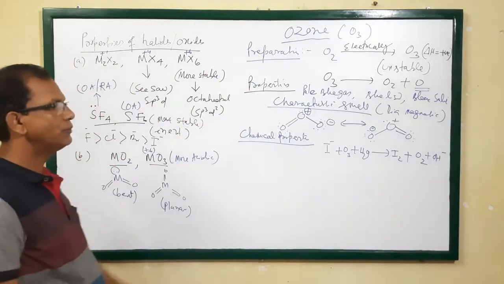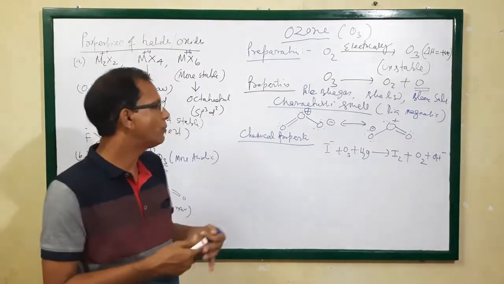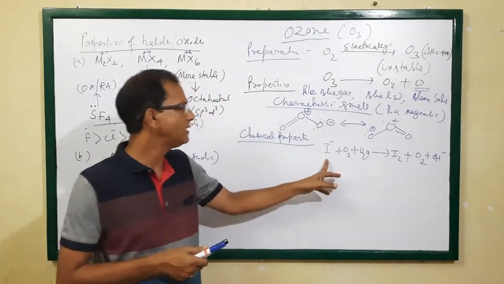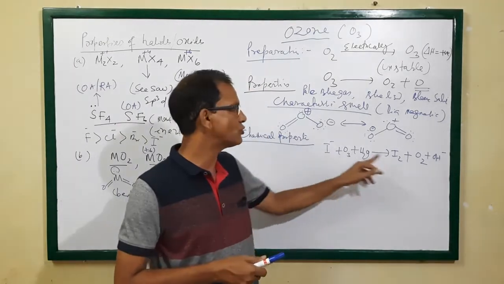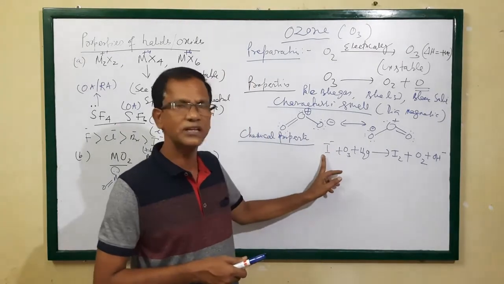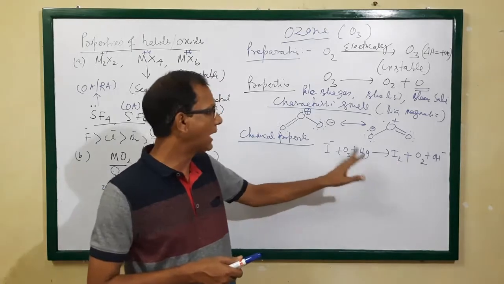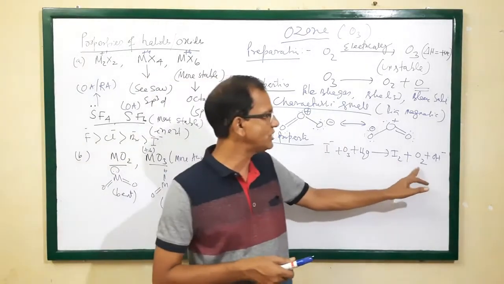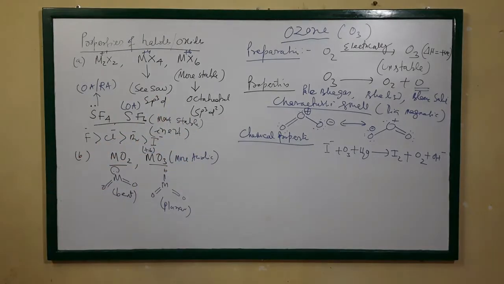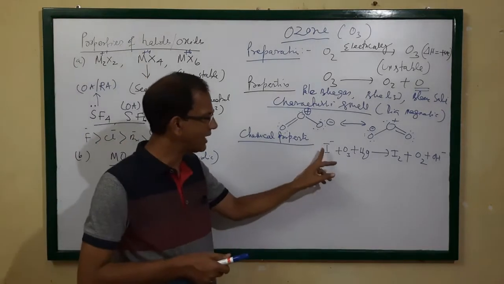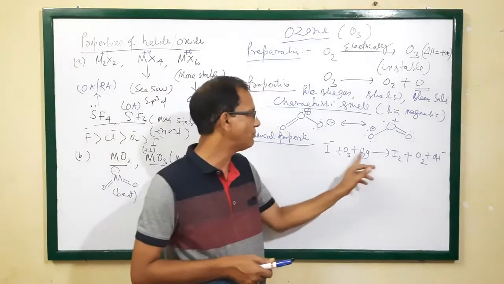That means if you take any iodide, potassium iodide or sodium iodide, it gets oxidized by ozone to iodine. I minus to I2 means loss of electron, that's why it is oxidized to iodine, and ozone itself converts to oxygen and OH minus. You can balance it by different methods. So this is one step: I minus gets oxidized to iodine by ozone.